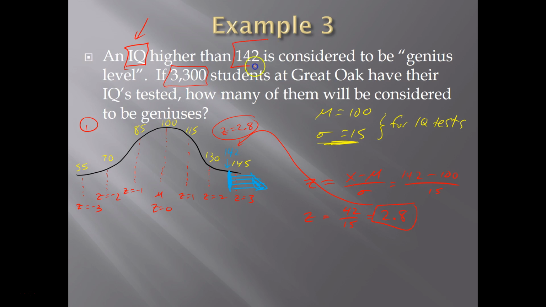I mean, we used the 142, right? But we didn't use this, 3,300. It says, if 3,300 students at Great Oak have their IQs tested, how many of them will be considered to be geniuses? It didn't ask what's the percentage of students that are geniuses. It's how many of them, right?